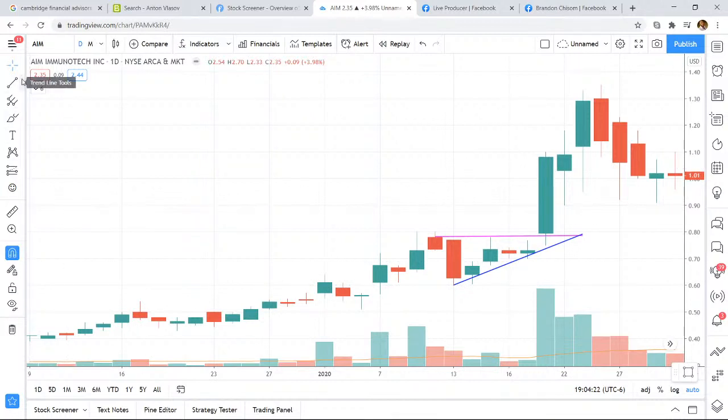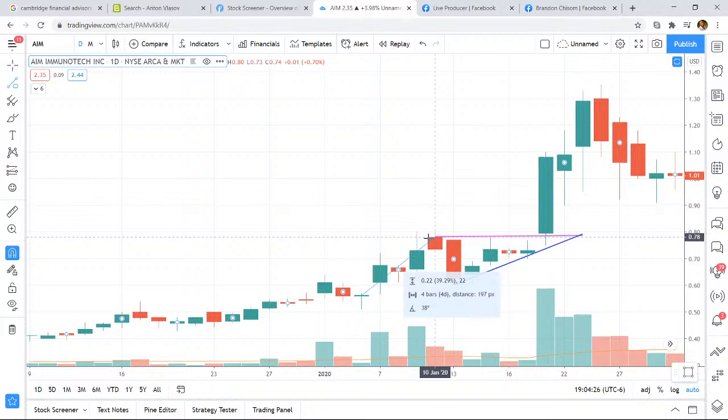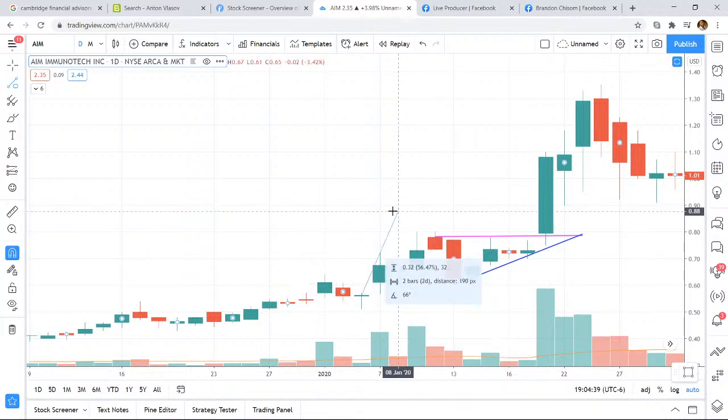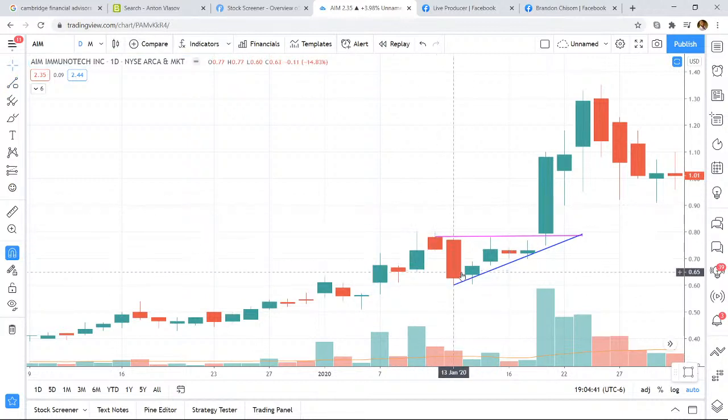And if we look here, actually this was a 40% run, so this went a little bit above its run, but generally speaking, at 20%, you look for a pullback.